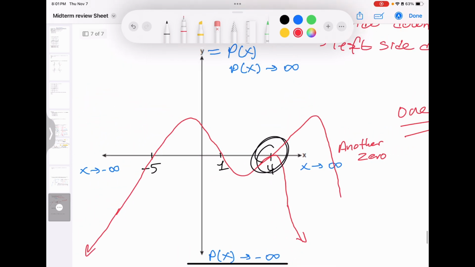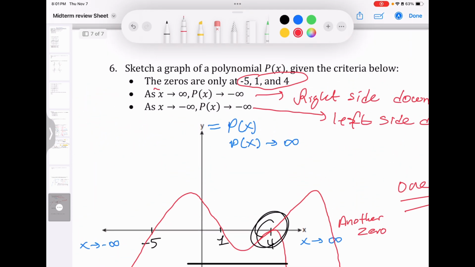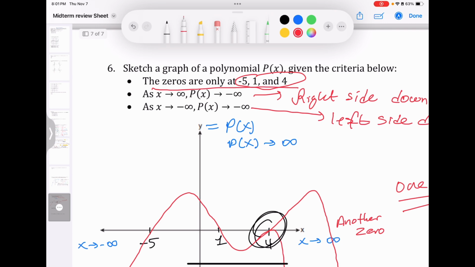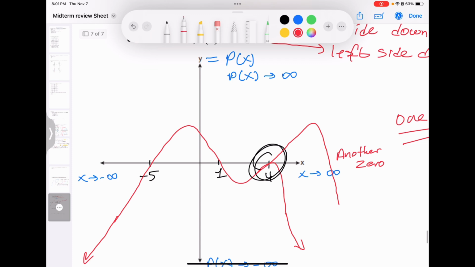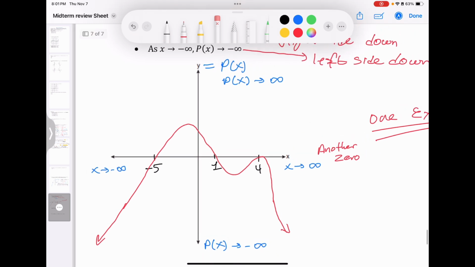But it said in the directions that the zeros are only at -5, +1, and +4. So the graph does not go straight through. I can curve it at x equals 4 and get my desired results.